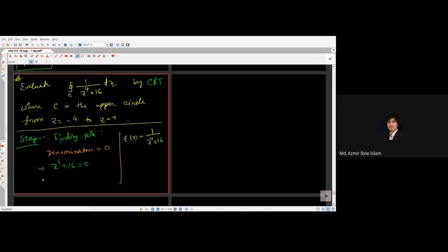It is the concept of chapter 1. From week 1 and week 2 contents, you know how to find roots. So this is our equation, z to the power 4 plus 16 equal to 0.